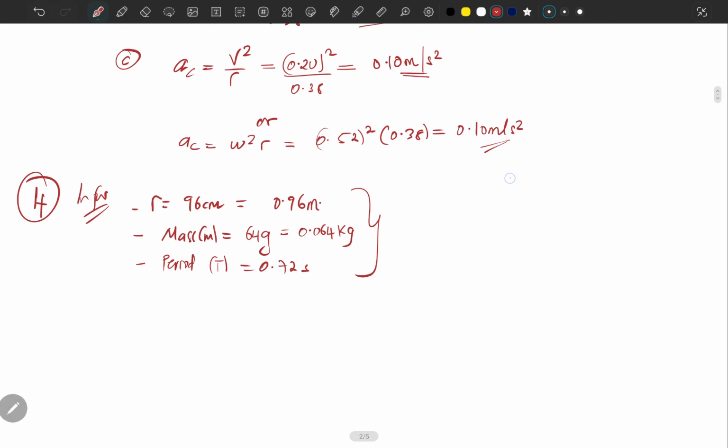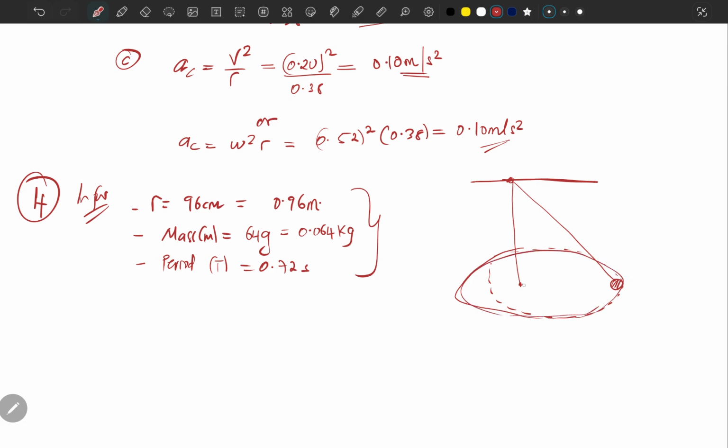So what is happening is this. Imagine this is where you've tied the string, and this is a stone moving in a circular path like that. This is the path.